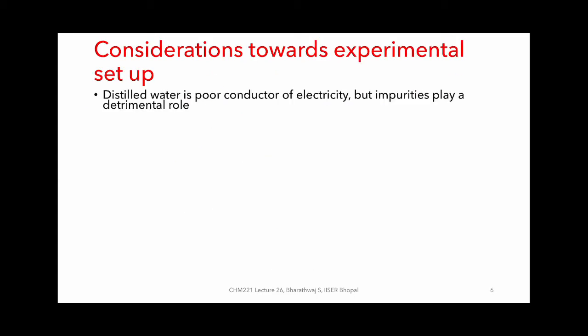So before going ahead to looking at the results, let's take a look at what considerations are required. First of all, you will have to make an aqueous solution of the electrolyte, and to prepare an aqueous solution, you need water as a solvent. Crucially enough, distilled water is a very poor conductor of electricity. However, the impurities that could potentially be present in water could cause trouble. By impurities, we are talking about dissolved carbon dioxide or ammonia or even dust particles that might be present.